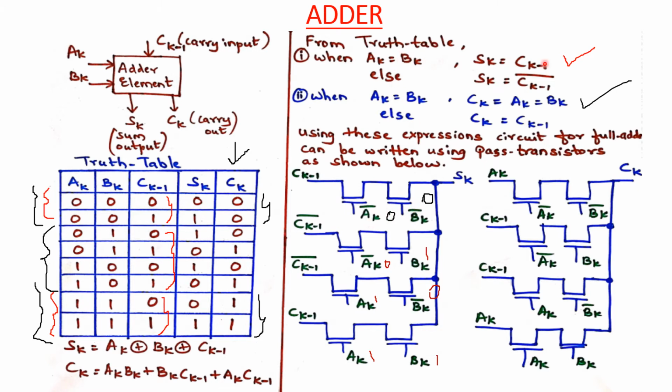If it is the same, sum is C_k-1, so C_k-1 will pass to some variable. If A and B are different, that is 0 1 can be written as A bar B_k, if it is different, the sum output is equal to C_k-1 bar, that is the complement of carry input, which will be passed to some variable. If A is 1, B is 0, this can be written as A_k B_k bar.